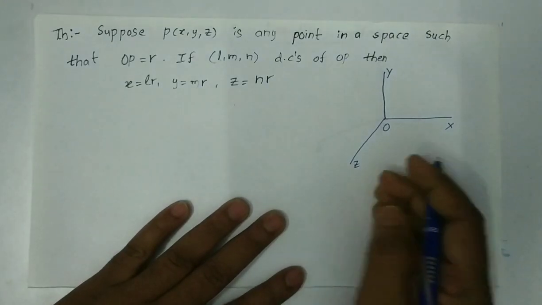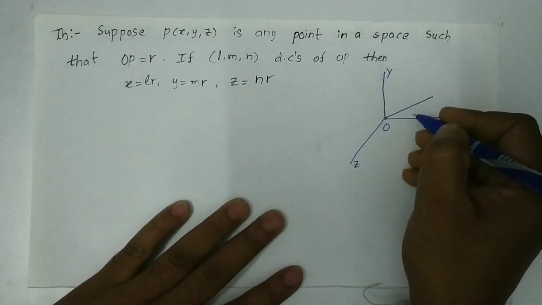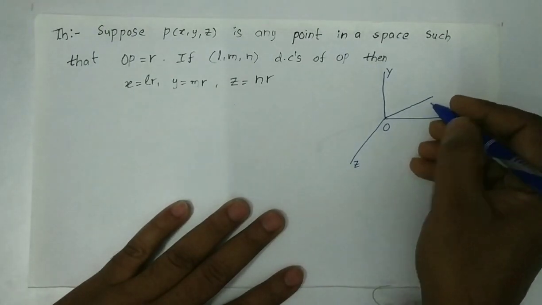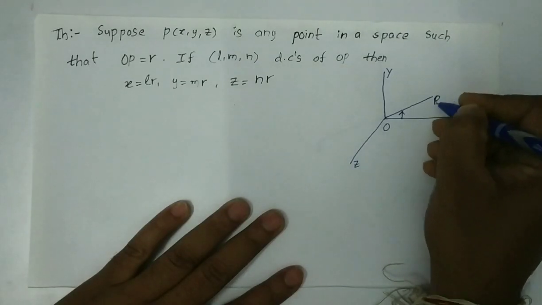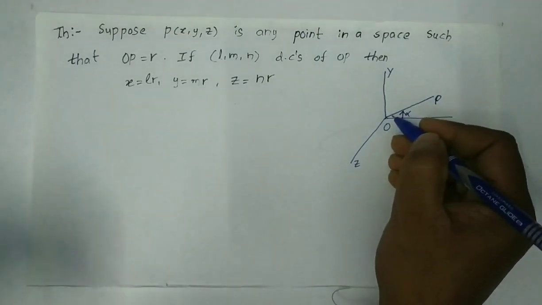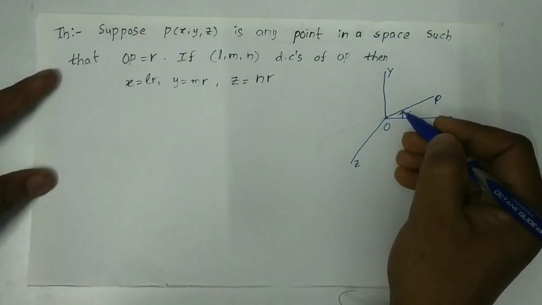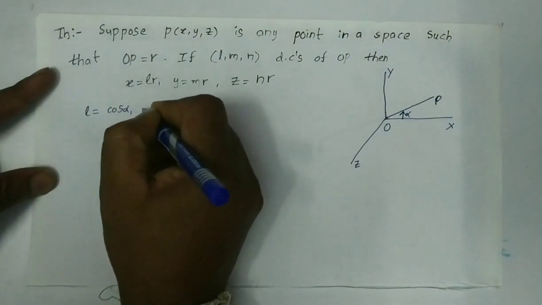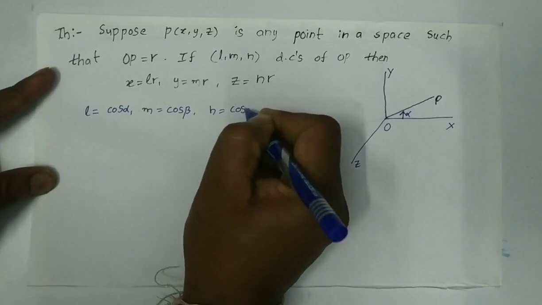Now also consider the line OP, which makes angles alpha, beta, gamma with the positive x, y, z axes. Then l is equal to cos alpha, m is equal to cos beta, n is equal to cos gamma.